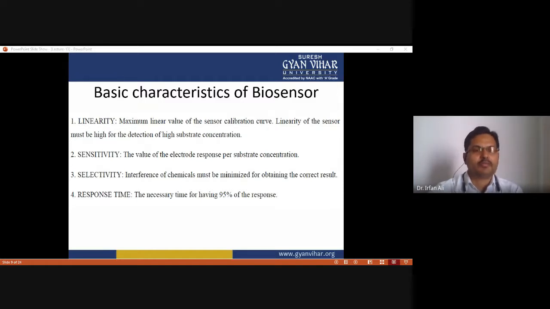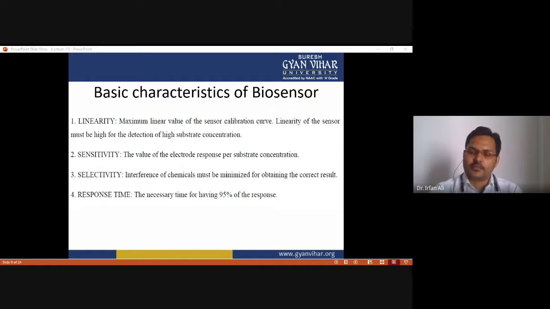And another property of a good biosensor is sensitivity, the value of the electrode response per substrate concentration. So if a biosensor is sensitive and able to detect a very low concentration, it comes under a very good biosensor.